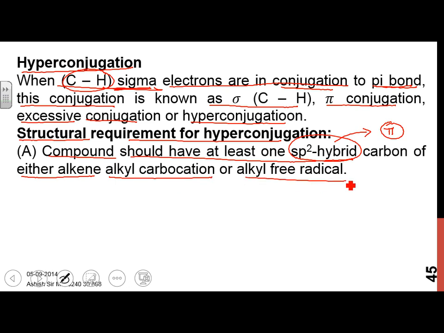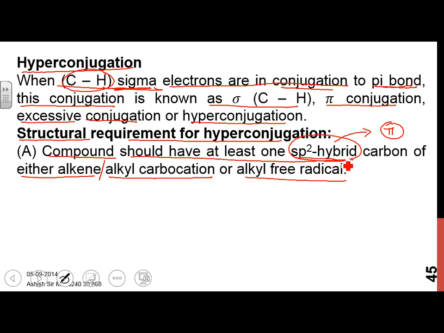Till now we have not learnt about alkyl free radical or alkyl carbocation, but we are going to talk about it in today's lecture itself. So right now we will learn about only this part. The first thing is that we should have at least one sp2 hybrid carbon.